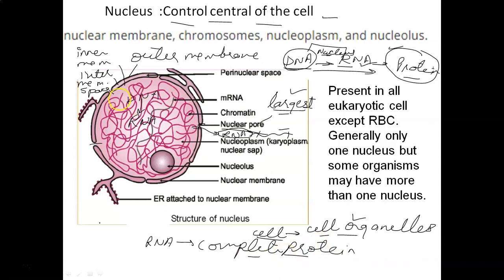This RNA will come out, and with the help of the ribosomes the RNA will form the protein, and the ER will pinch off the protein.